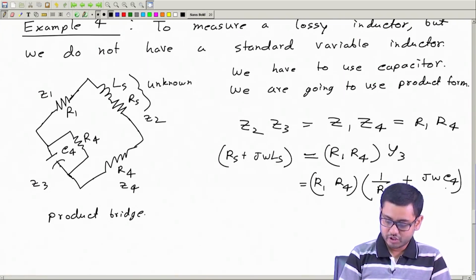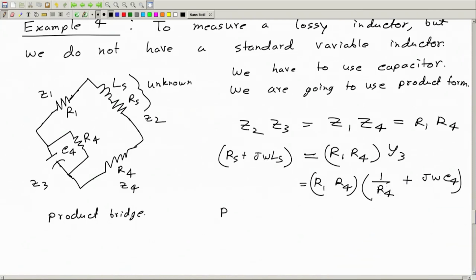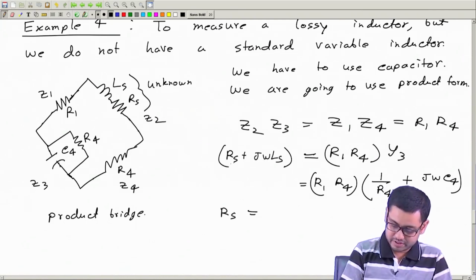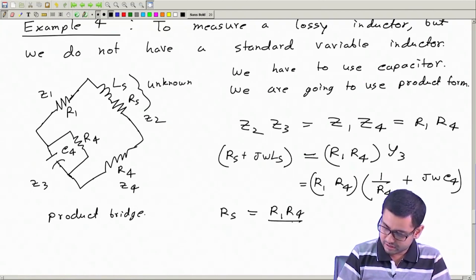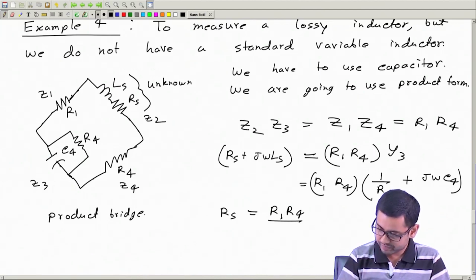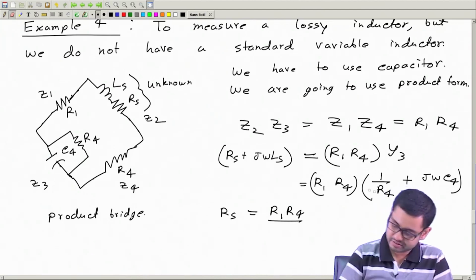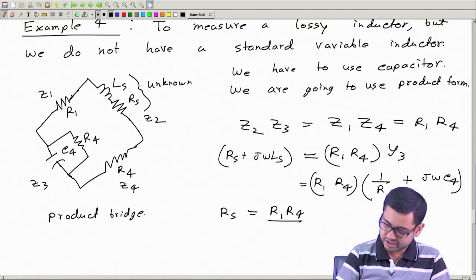And now equate real to real, imaginary to imaginary. So I can write RS from here, real part same as R1 R4 divided by R3, this should be R3.